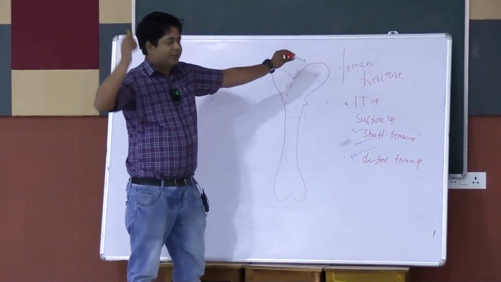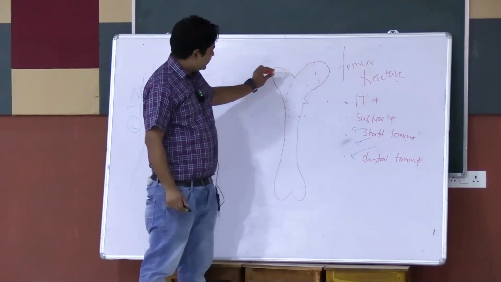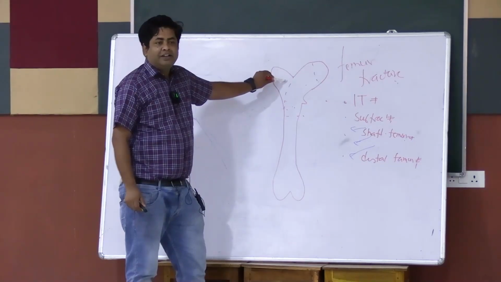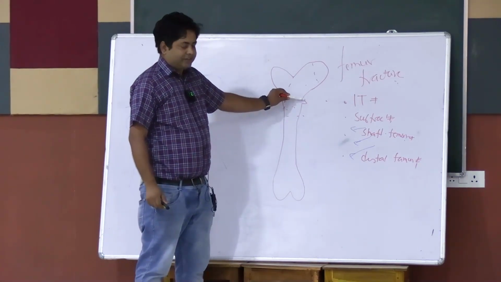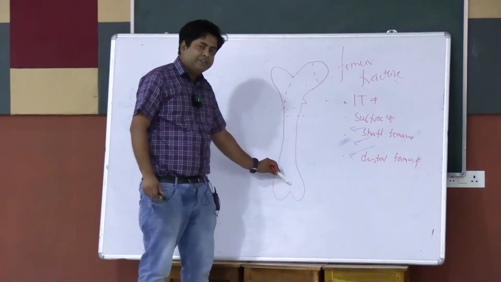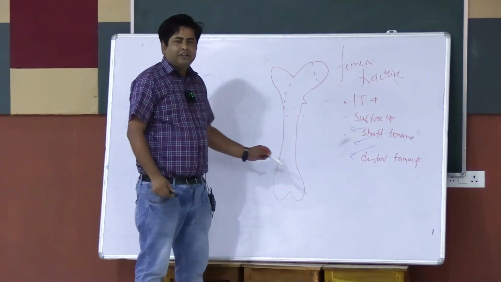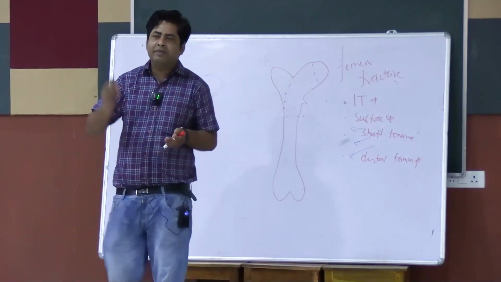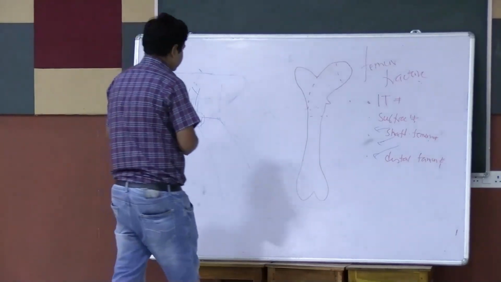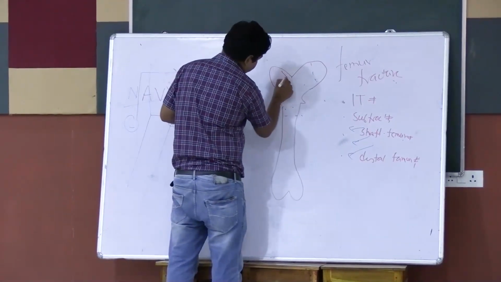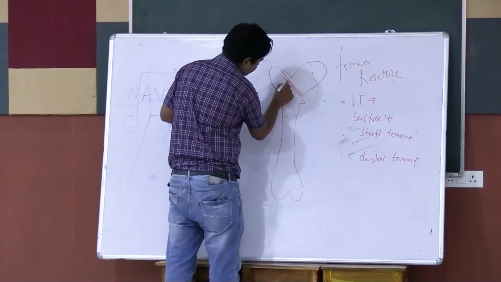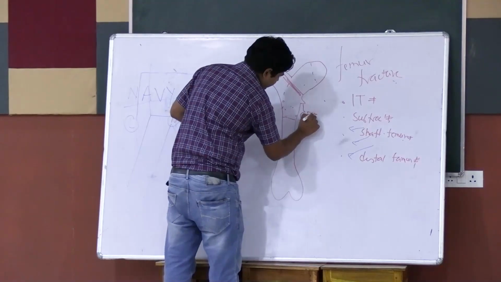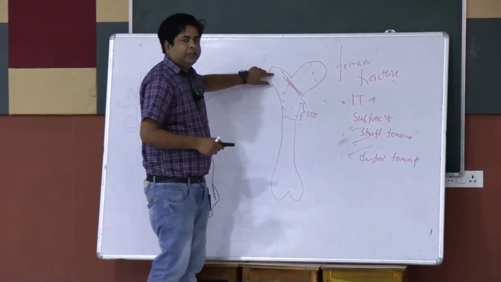Head, femoral head. This is GT, greater trochanter.